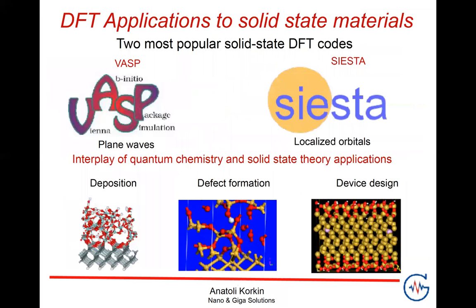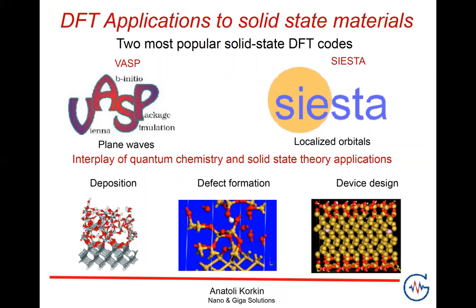So now I am going to give a few examples from my own research, which was mostly done at Motorola. Here I just show the logos of the two most popular software tools for solid state, the VASP program and SIESTA.